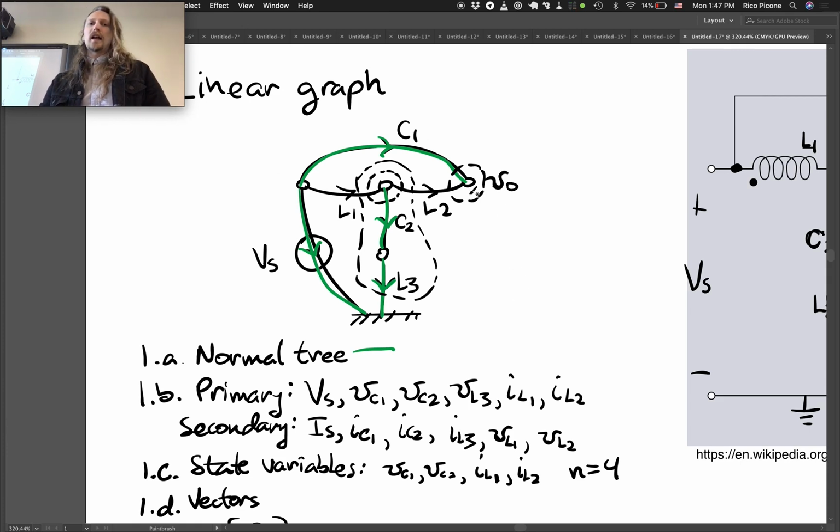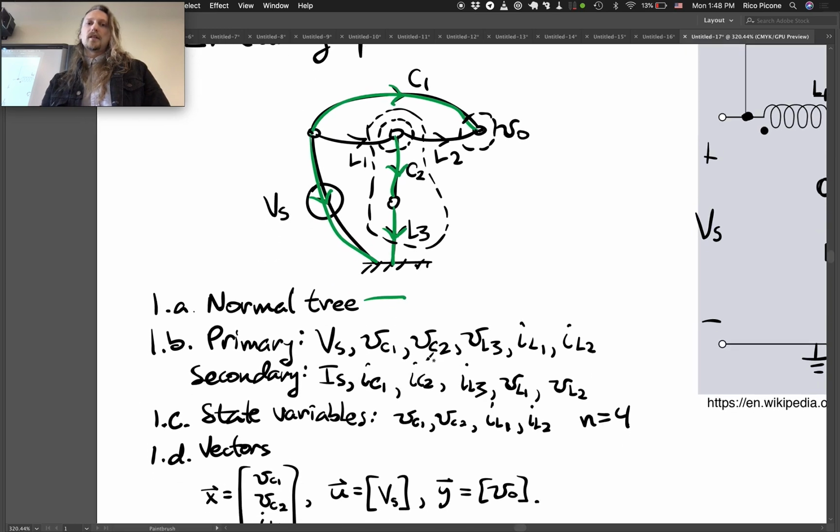So the voltage here is actually the voltage from here to ground. So all we have to do is find a path to ground and add the voltages on that path. What we say is that this is equal to Vs, so the Vs would be positive, and then a drop across C1. So Vs minus Vc1, or negative Vc1 plus Vs.